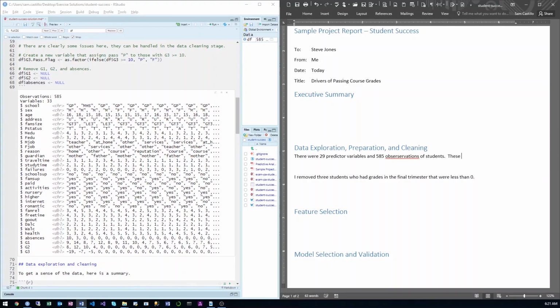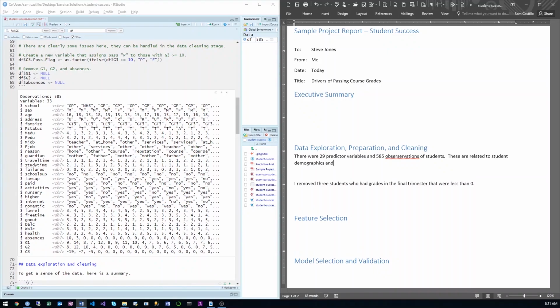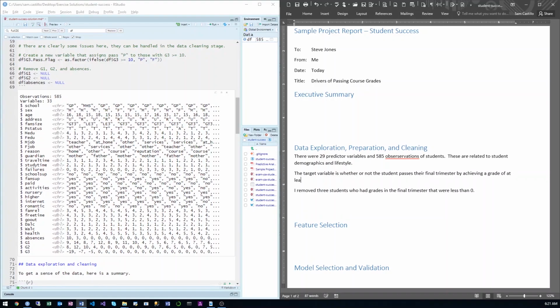So these are related to student demographics and lifestyle. The target variable is whether or not a student passes their final trimester by achieving a grade of at least 10.